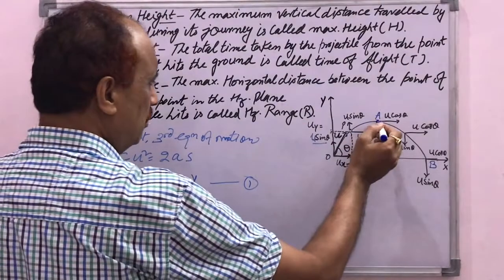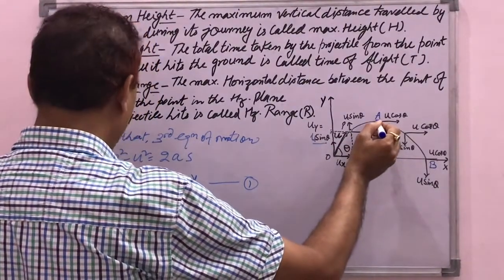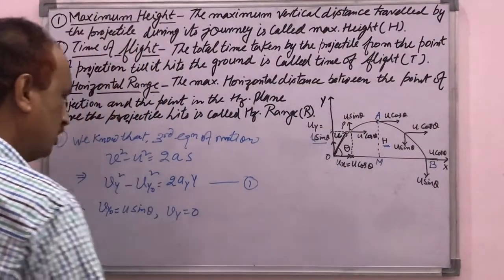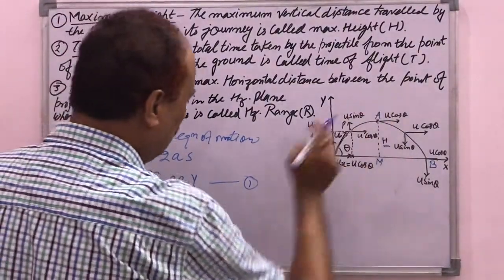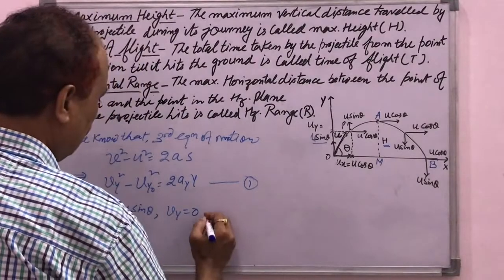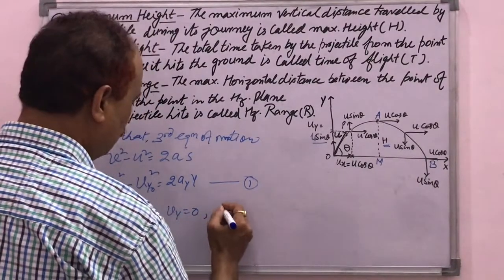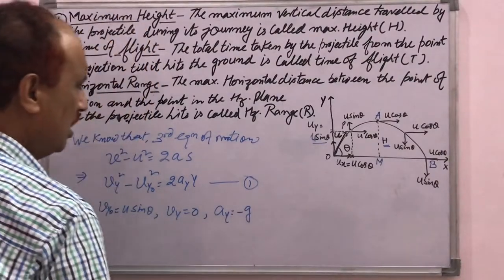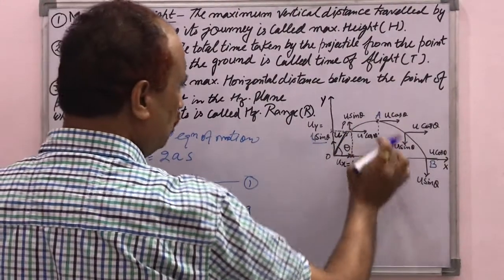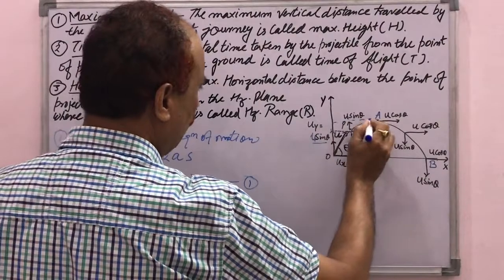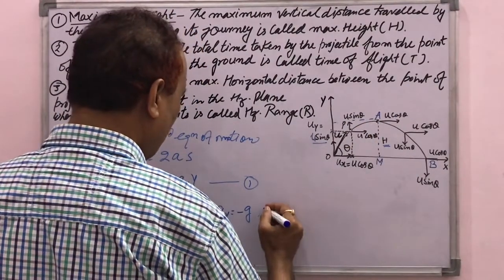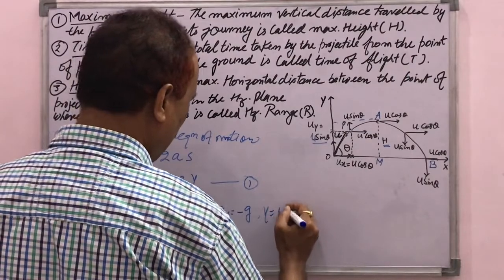When the body reaches point A, the vy component is 0, therefore vy equal to 0. Now from O to A, the body is governed by the acceleration due to gravity, so ay equal to minus g, and the distance from O to A is y, which will be equal to H. So we have to replace y equal to H.